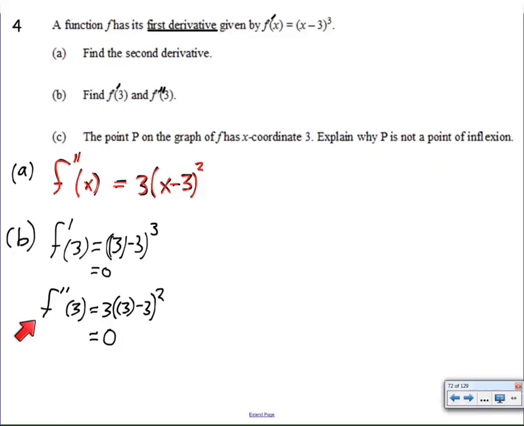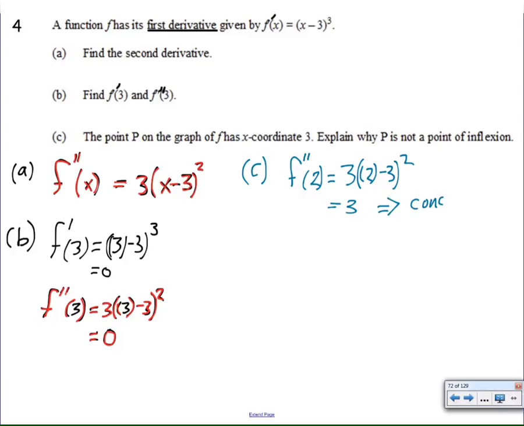To be inflection, we have to show that on the left side of our special point, the graph is concave down or up, and then the concavity changes as we go past x equals 3. So in other words, we could put together a nice little number line. Or without a number line, we can use our head. Since 2 is less than 3, we evaluate and we find it's concave up.